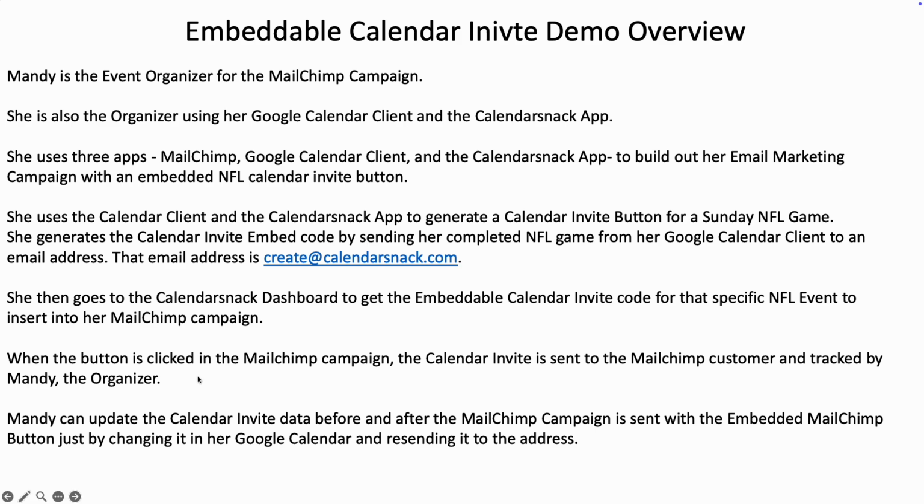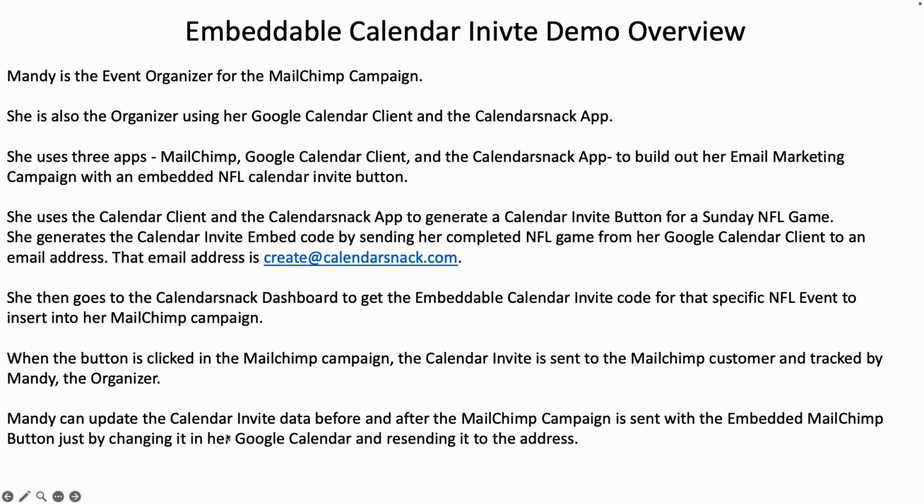When the button is clicked in the MailChimp campaign, the calendar invite is sent to the MailChimp customer and tracked by Mandy, the organizer, with the set of APIs communicating to the AWS calendar invite server.